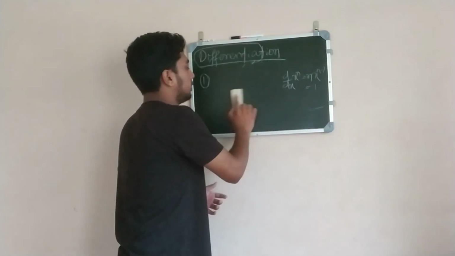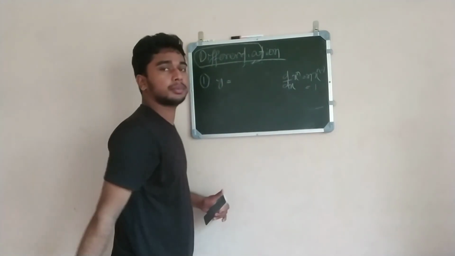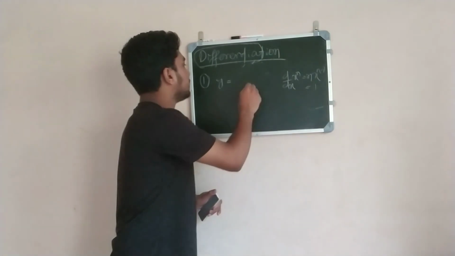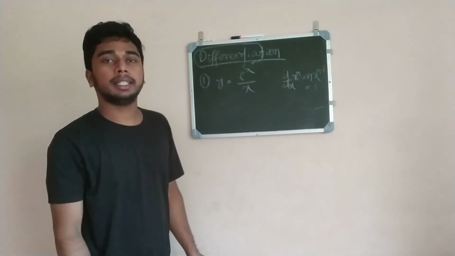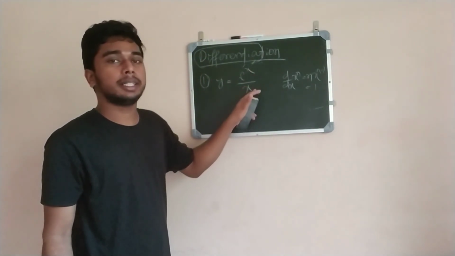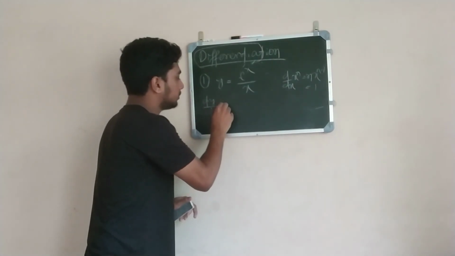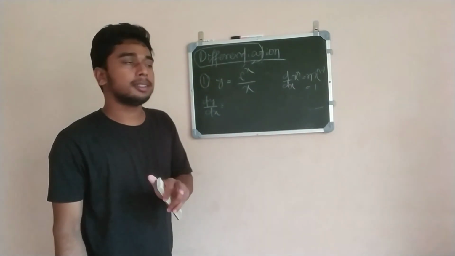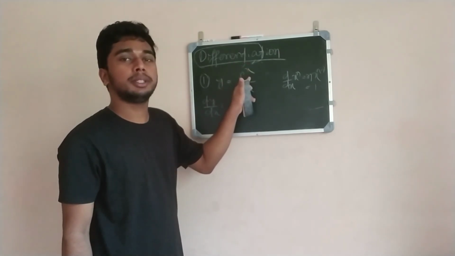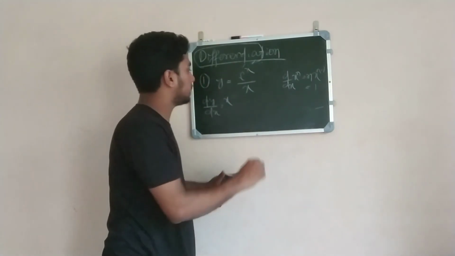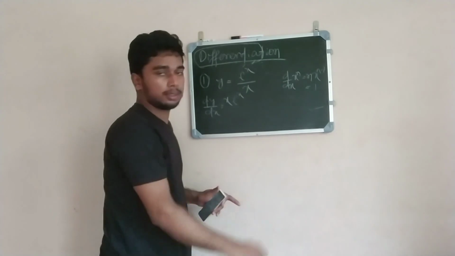Then let's discuss another example. For example, y is given by e to the power x by x. So how can I find the derivative? So dy by dx will be what I said. First leave the denominator and take the derivative of the numerator. Our denominator is x. Then the derivative of e to the power x will be the same e to the power x.